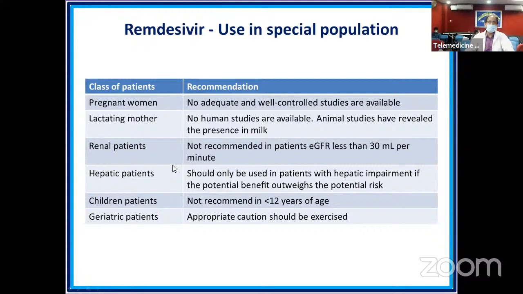If the AST/ALT is less than 5 times the upper limit of normal, one can use. If it is more than 5 times normal, one should not use. If there is transaminitis, by stopping the medication for 1 to 2 days, the enzyme levels come back to normal. In children of less than 12 years of age, should not use. In geriatric patients, appropriate caution should be exercised.